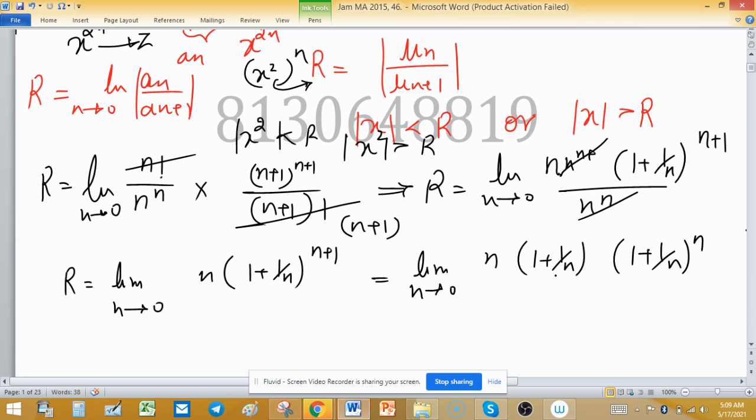So the limit of this one will be 1, and the limit of this one will be e. I did some mistake, I think: (n plus 1) raised to the power (n plus 1) and factorial. It is okay.